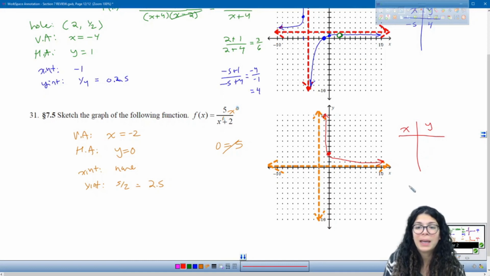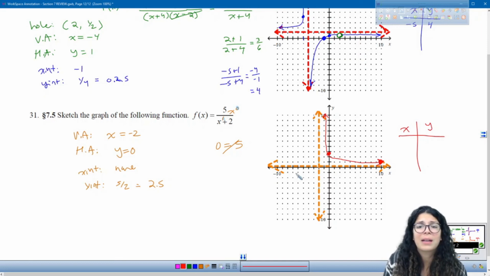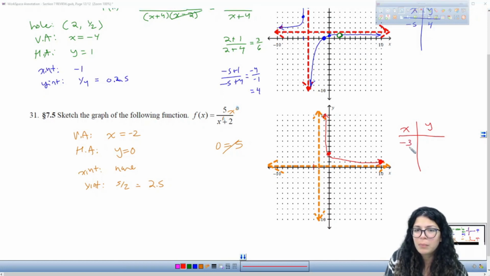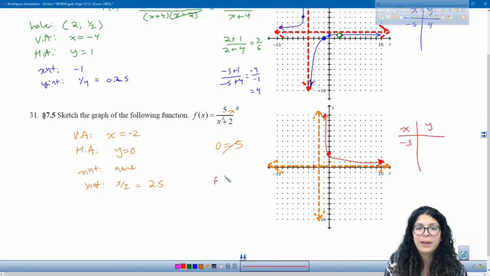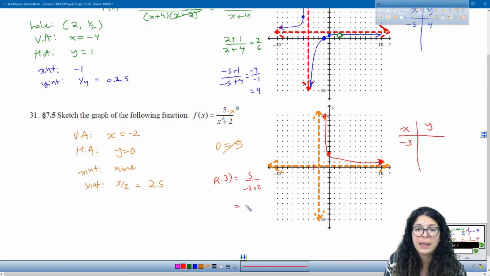Now, we don't want to pick any x value, right? Like if we pick 10, we're going to get a positive number. I know that because this graph is graphed on the top on the right-hand side. I want to pick an x value that's in this area. So let's go ahead and go with -3, okay? Plug in -3. So f of -3 would be 5 divided by -3 plus 2, which will be 5 divided by -1, which will be -5.